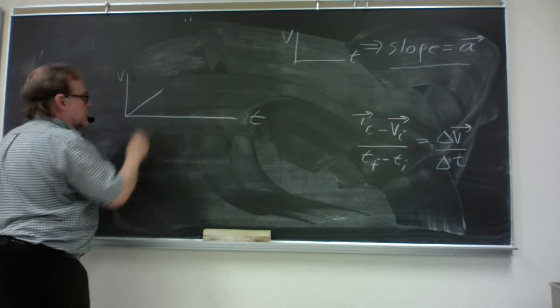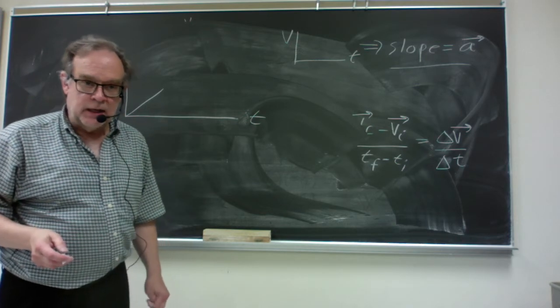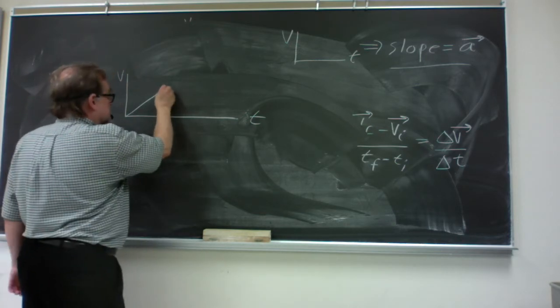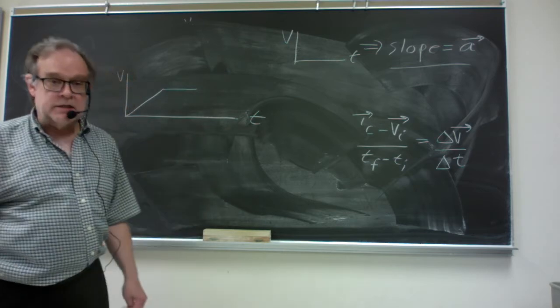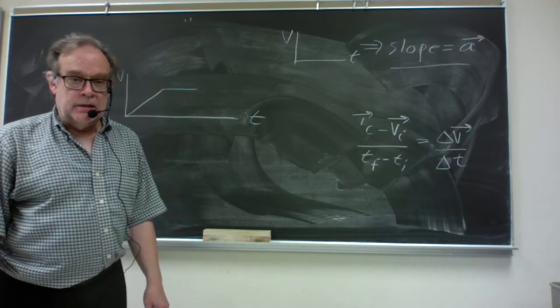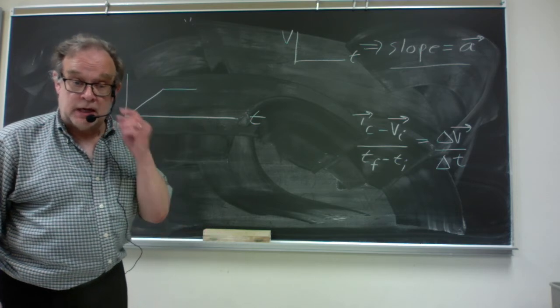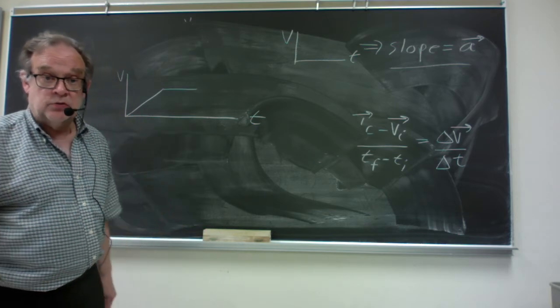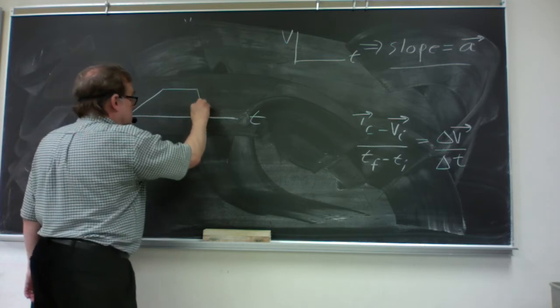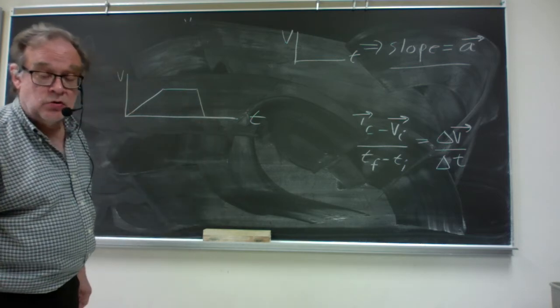And for a while, the thing is moving in the positive direction and speeding up, and then it maintains a constant velocity for a while, and then continues to move in the positive direction, but slows down to a stop. Continues to have positive velocity, but that positive velocity decreases back to zero velocity.